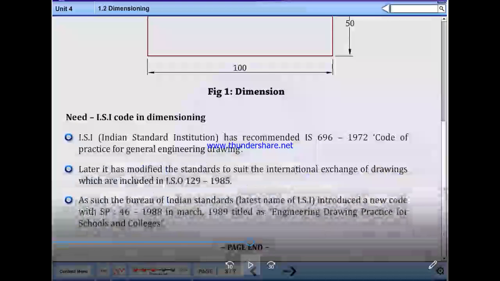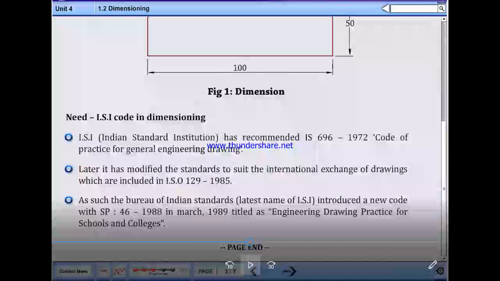Need of ISI code in dimensioning: ISI, Indian Standard Institution, has recommended IS 696 in 1972, Code of Practice for General Engineering Drawing. Later it modified the standards to suit the international exchange of drawings, which are included in ISO 129 in 1985.